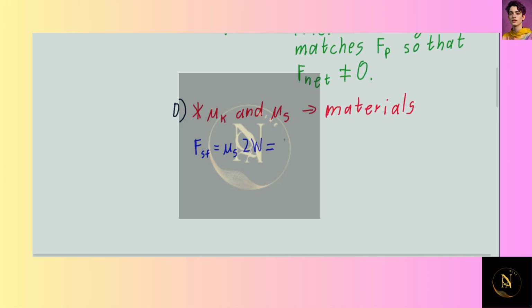So we have our coefficient, which is 0.56, as we found, 2 times the weight, and that gives us around 150 newtons. Then we have kinetic friction.